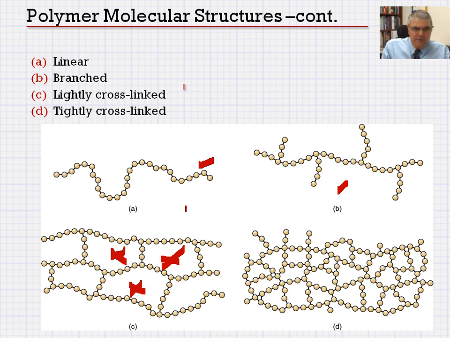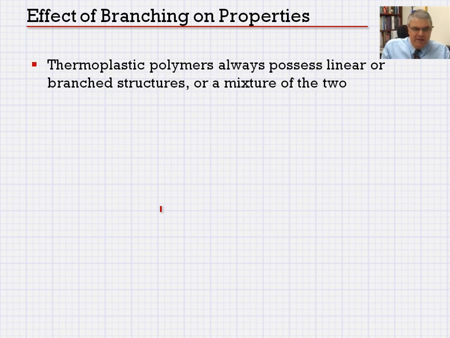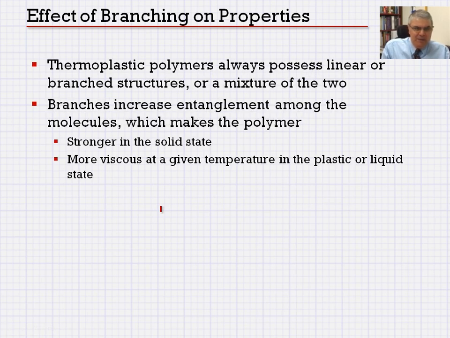Okay, so let me see how I can move forward now. There we go. So let's take a look at some of those effects that I just mentioned. The thermoplastic polymers always have linear or branched structures, and sometimes a mixture of the two.